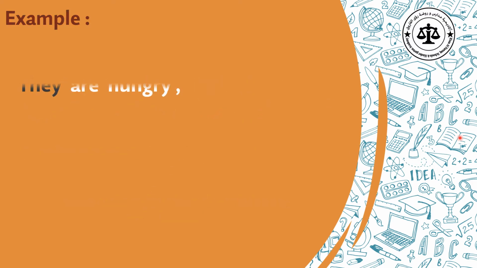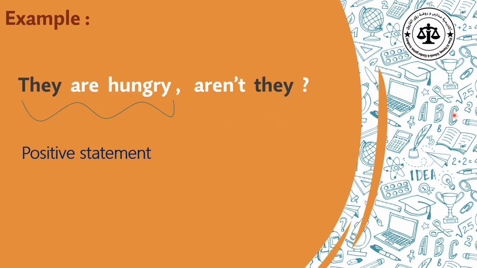Let's do another example. They are hungry. They is the subject and are is the verb to be. We want to form a question tag. What should we do? Excellent. Aren't they? So, they are hungry. It's a positive statement، جملة مثبتة.